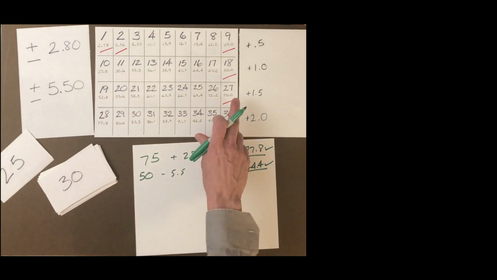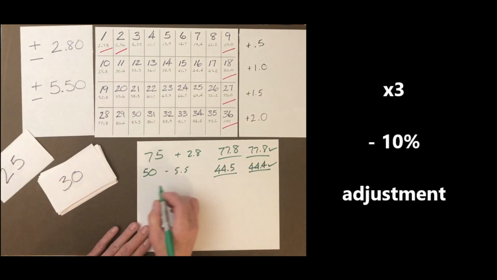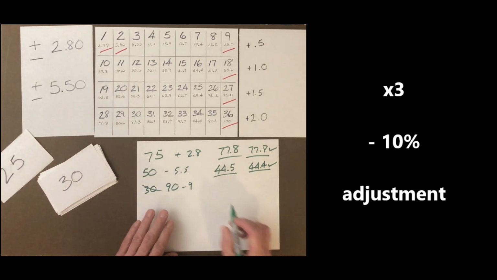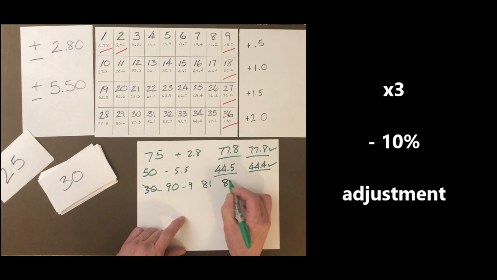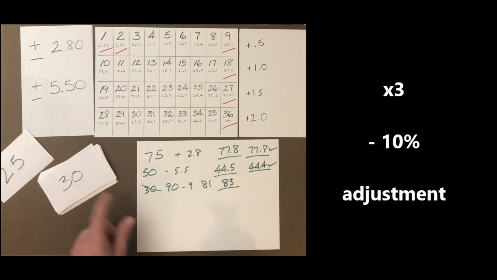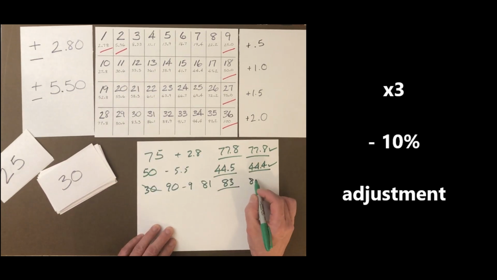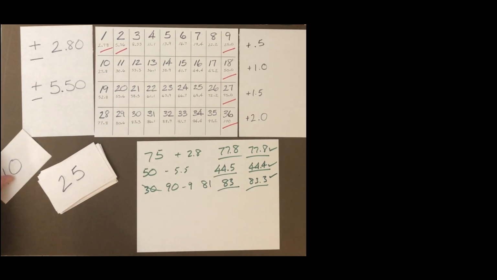30. 27 is the closest, but it's not within 2. So we have 30 times 3 is 90, minus 10% gives us 81. We're on the bottom line, so we're going to add 2. That becomes 83%. And the actual answer for 30 is 83.3. 0.3%. 25.